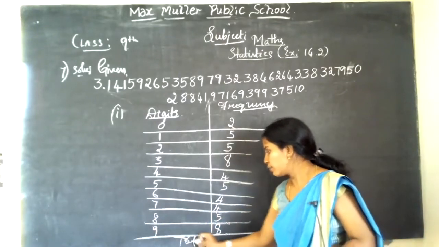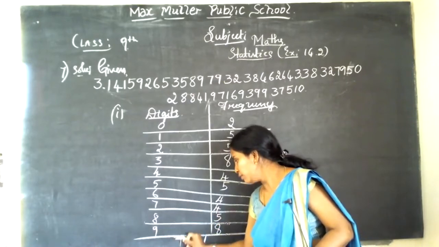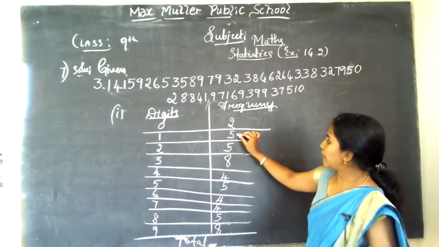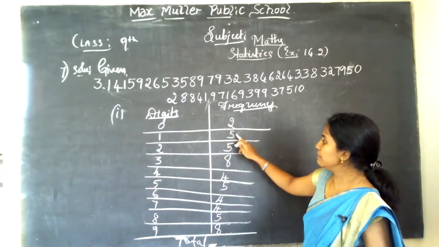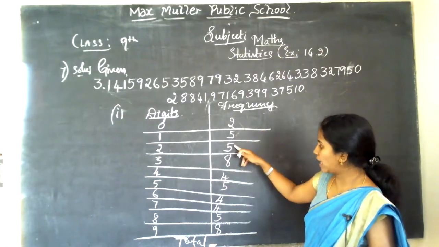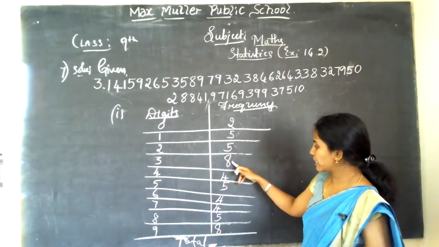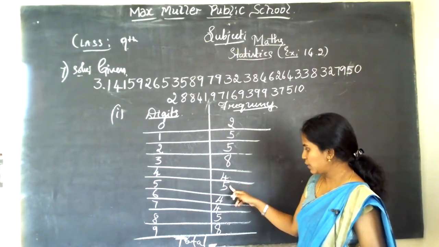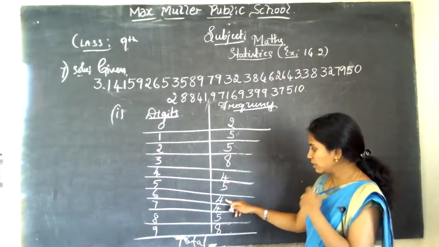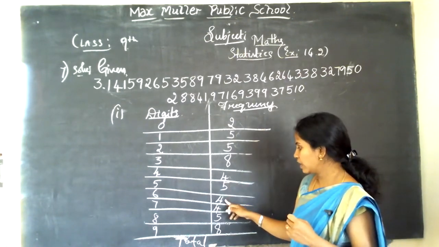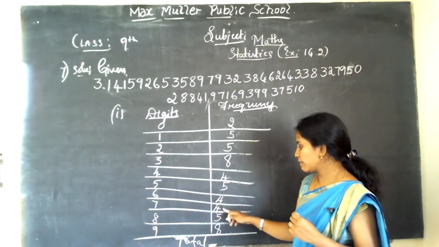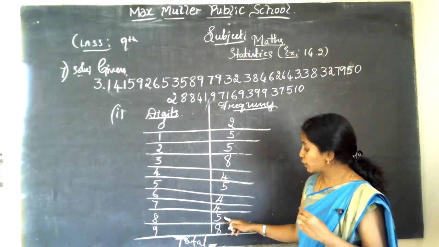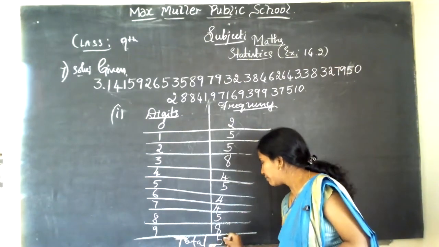So what you have to do is total it. Total from the beginning: 5 plus 2 plus 5. 2 plus 5 is 7. 7 plus 5 is 12. 12 plus 8 is 20. 20 plus 4 is 24. 24 plus 5 is 29. 29 plus 4 is 33. 33 plus 4 is 37. 37 plus 5 is 42. 42 plus 8 is 50.